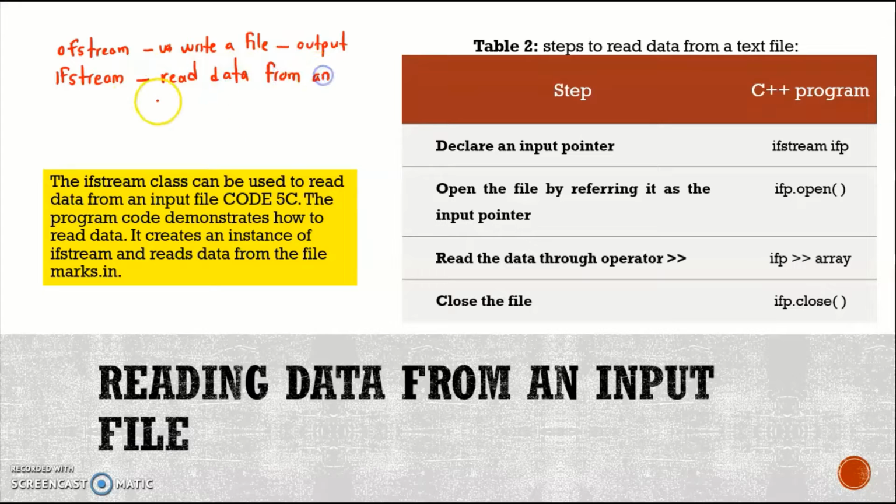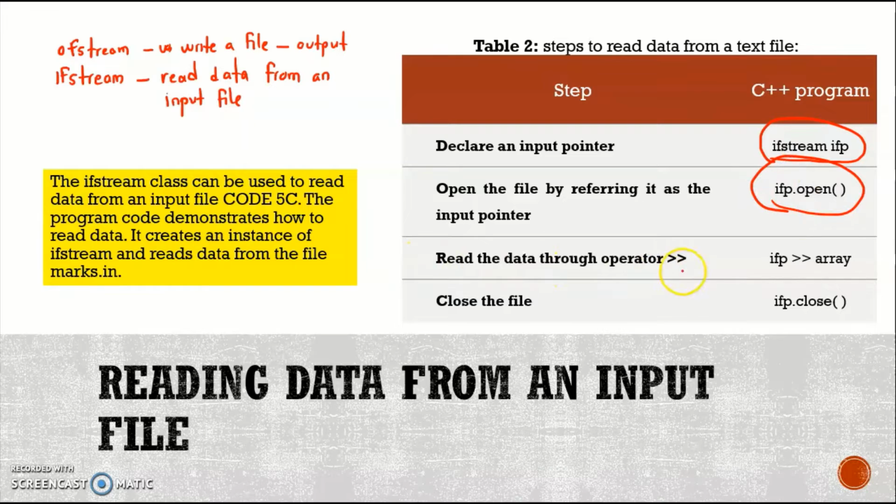from an input file. We're going to look at a code 5C that can demonstrate how to read the data. What we do, we need to use ifstream ifp. Earlier on you used ofstream ofp to open the file. Open the file by referring it to an input pointer. So we use ifp.open.